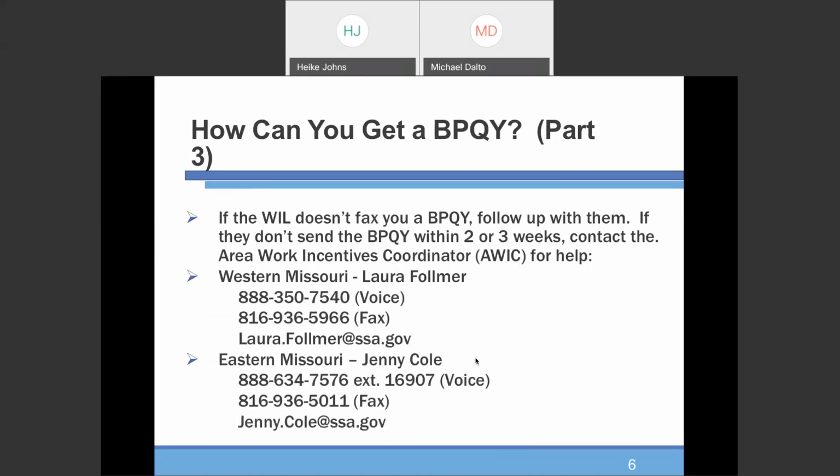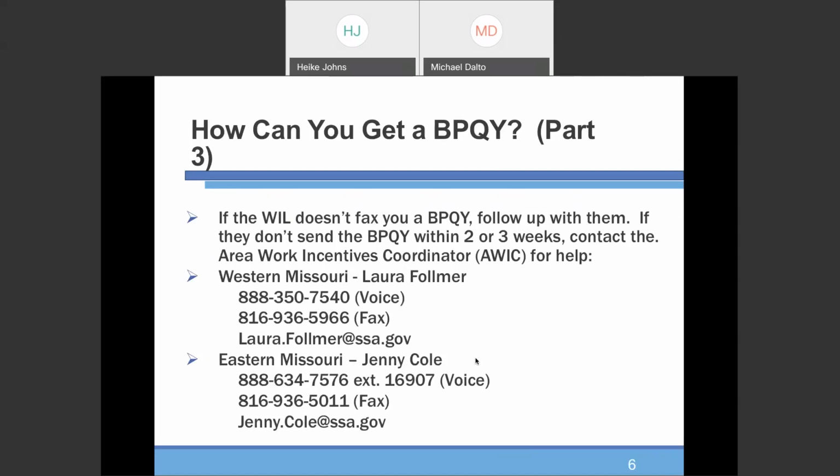Now, suppose you fax the request to the WIL and they don't send you the BPQY within 2 or 3 weeks. Then you can contact someone known as the Area Work Incentives Coordinator, or AWIC for short.